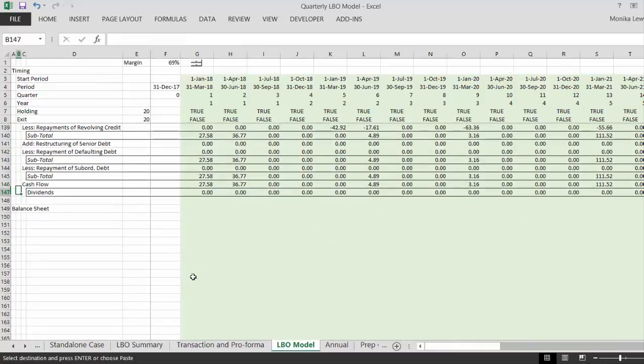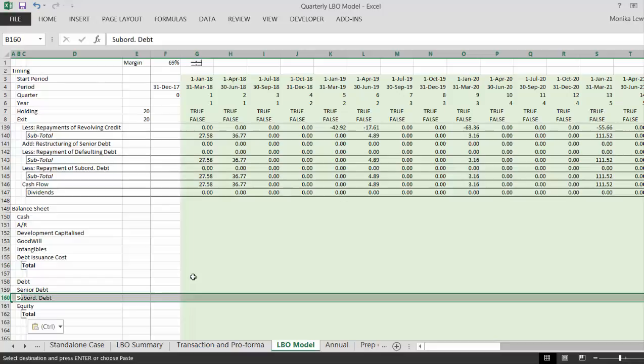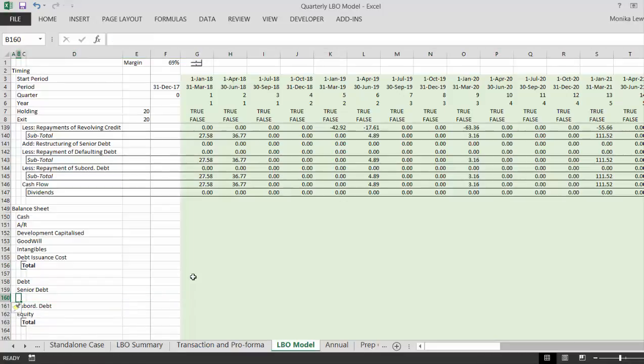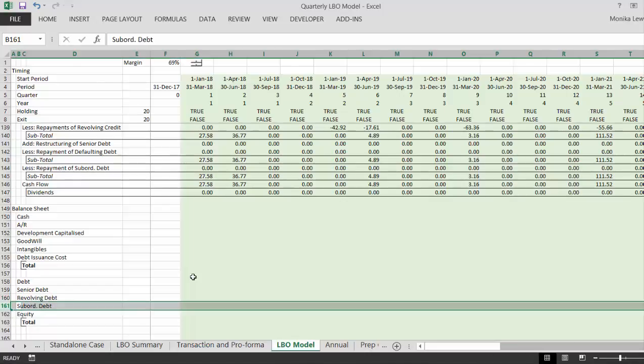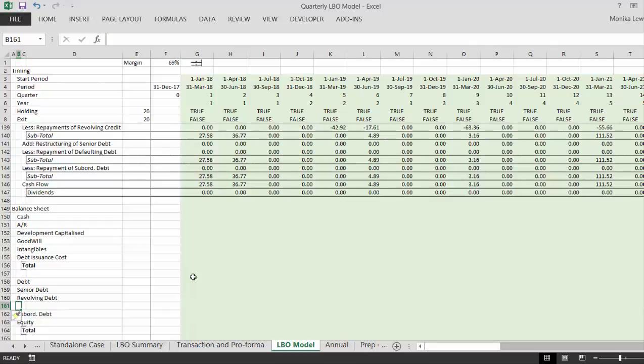One of the exceptions is that we also have some debt out. The revolving debt might be outstanding. And the other one is that we might have some defaulted debt. And I think that's all. I can't think of any others.